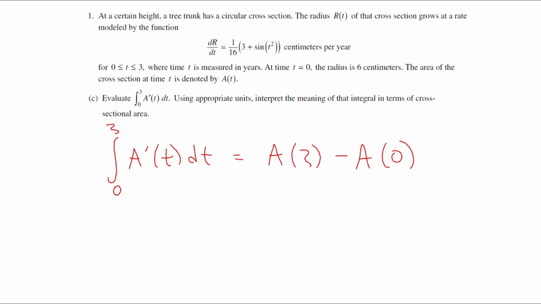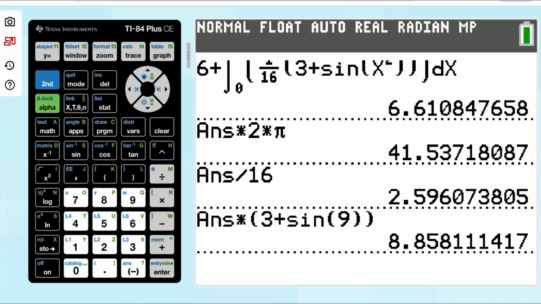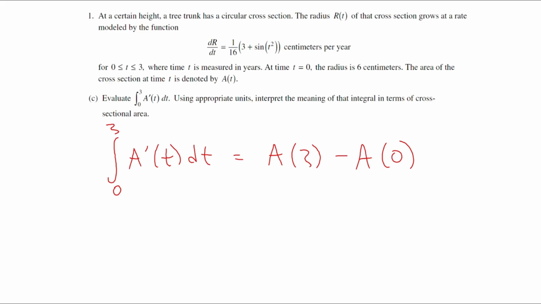And we just found a prime of 3, so now we need a of 3, where a of 3 was pi times r of 3 squared, minus pi times r of 0 squared.